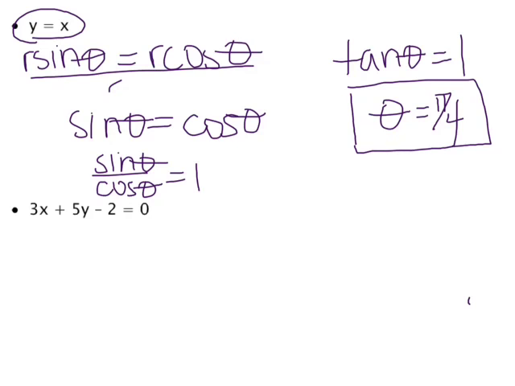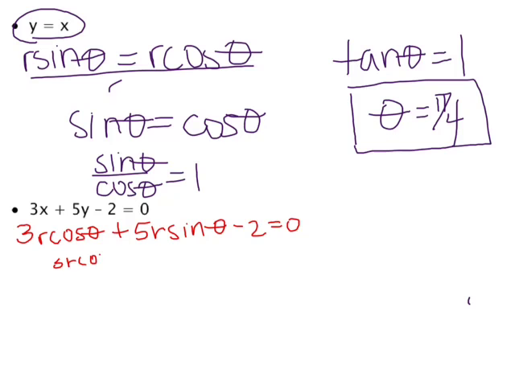Here in our second example, we have 3x plus 5y minus 2 equals 0. So our x, we know, is r cosine theta, and our y is r sine theta. Minus 2 equals 0. Now our goal, if we can, is to solve for r. So here I see two terms with an r, one without. So I'm going to go ahead and move the term without an r to the other side.